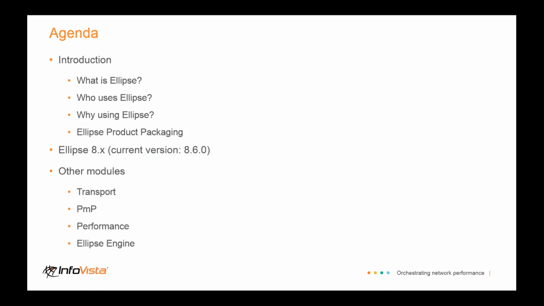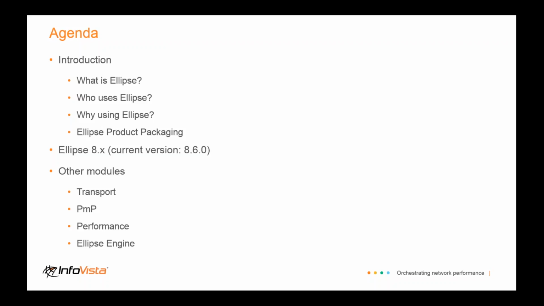Then we're going to go into the longer section of the presentation, which is basically going through different features of Ellipse 8.x in general, and the current version that I'm going to be showing, the latest one available commercially, is 8.6.0, but we will be touching on different features that have been available throughout the entire 8.x version.